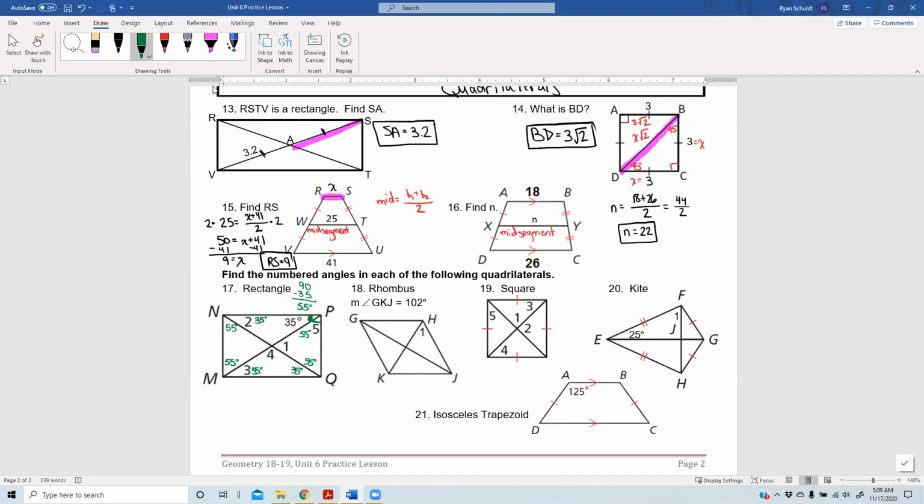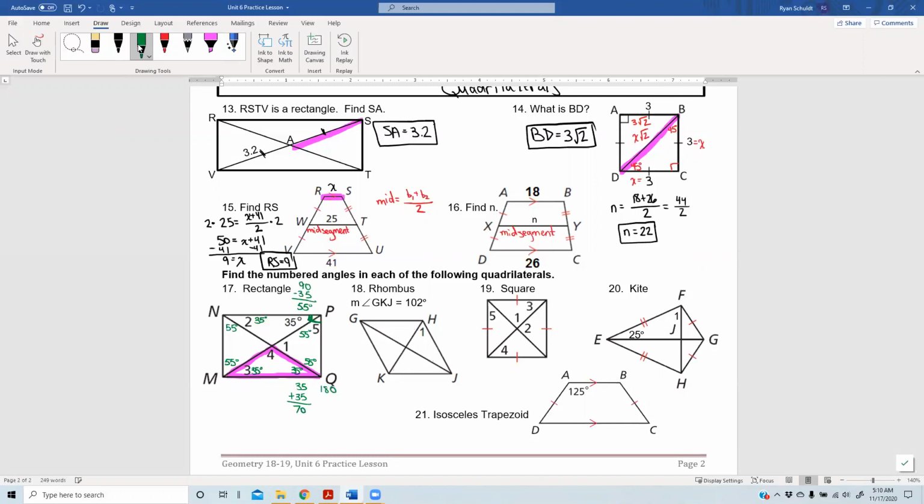Now it looks like we're left with just angles 1 and 4. I'm going to try to find angle 4 first. So I need to focus on just this bottom triangle. So for that one, I'm going to do 35 plus 35 to get me 70.